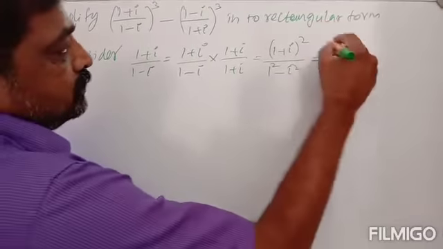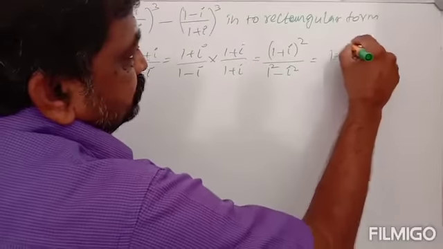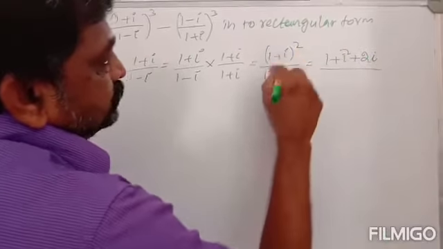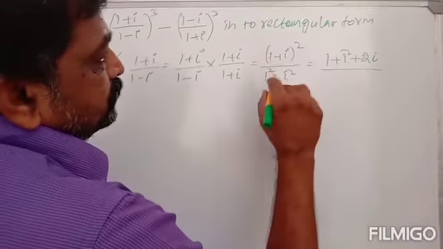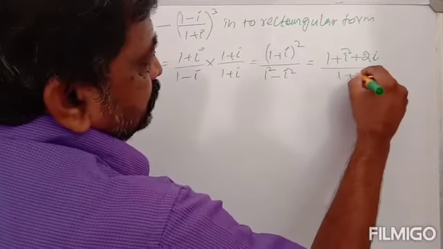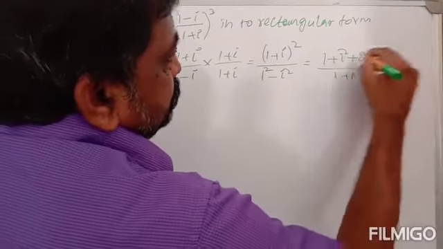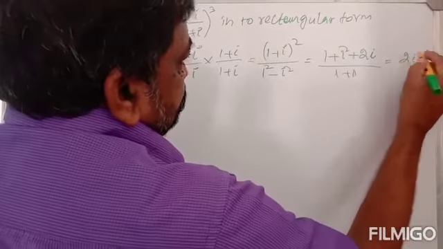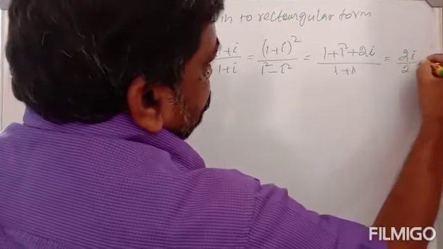So that is equal to 1 plus i square plus 2i, using the a plus b whole square formula, a square plus b square plus 2ab, divided by 1 plus 1. So we got 2i by 2, that is equal to i.